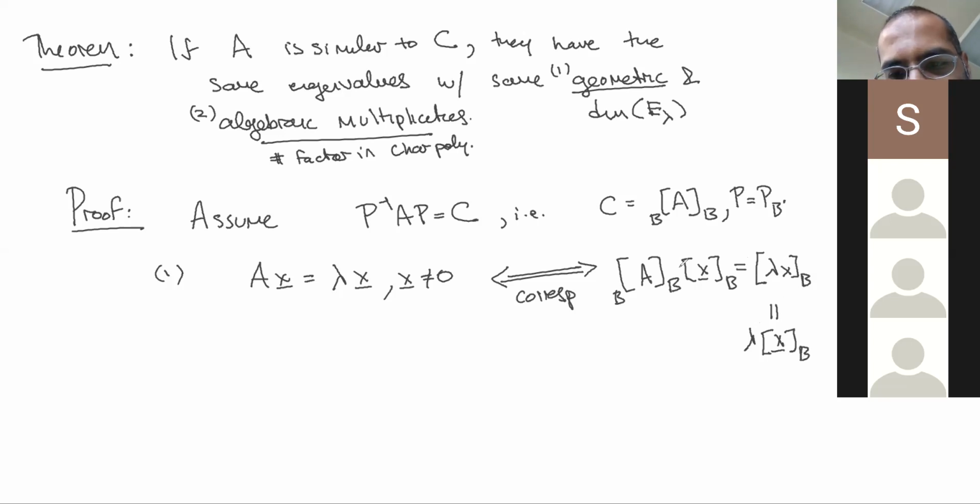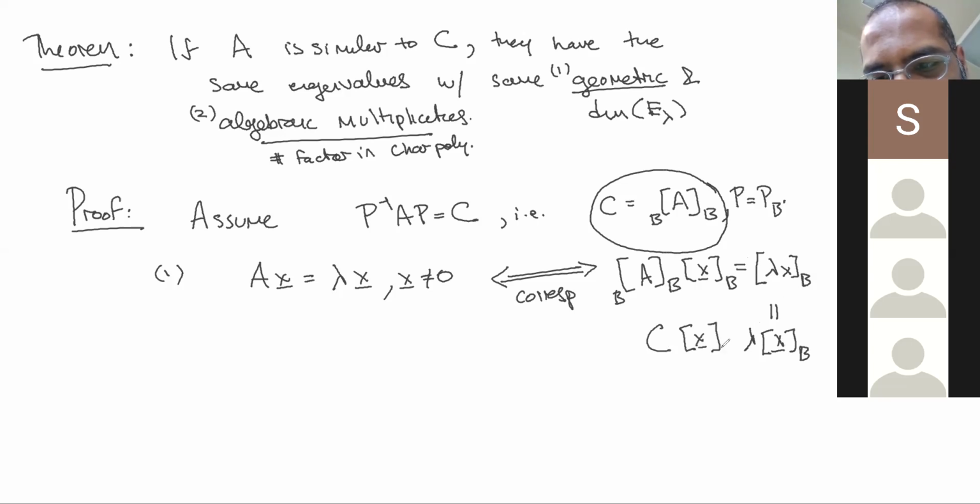And wait a minute, we just checked that C is equal to the matrix of A in the B basis. So this equation is actually the same thing as saying C times the coordinate vector of X in the B basis is equal to lambda times the coordinate vector of X in the B basis. And again, this vector is not 0. But that's what we wanted, right?